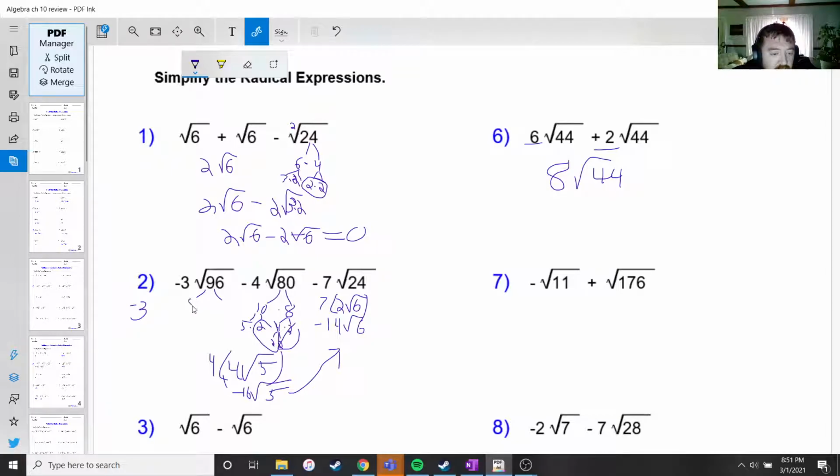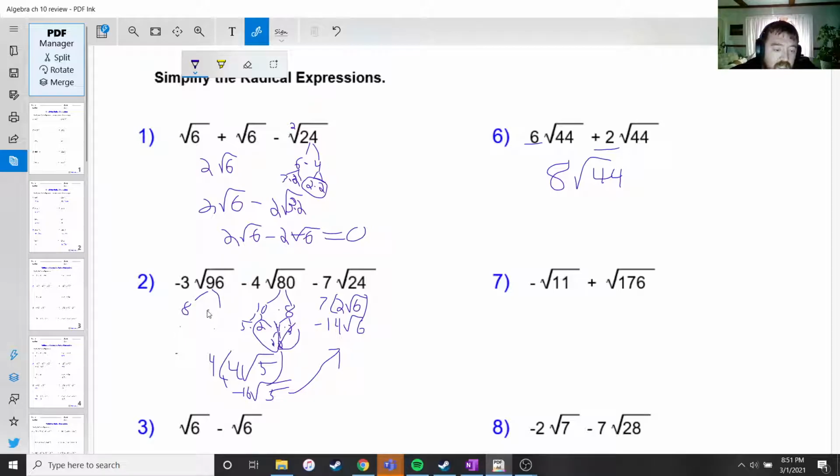So this would be 8 times 12, which is 6 times 2, 2 times 2 times 2. I'll walk through this one with you guys, so I don't want to skip anything.